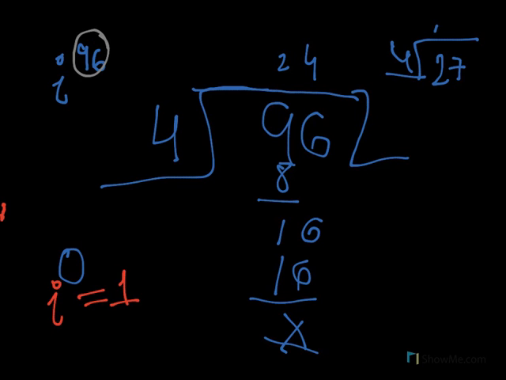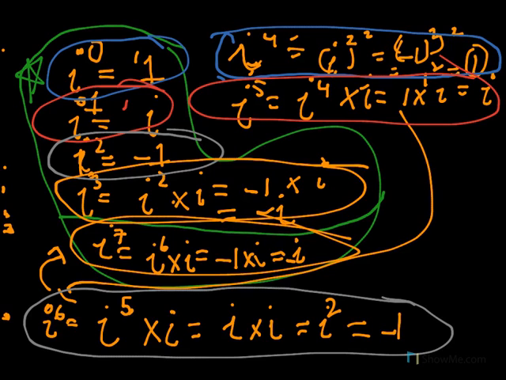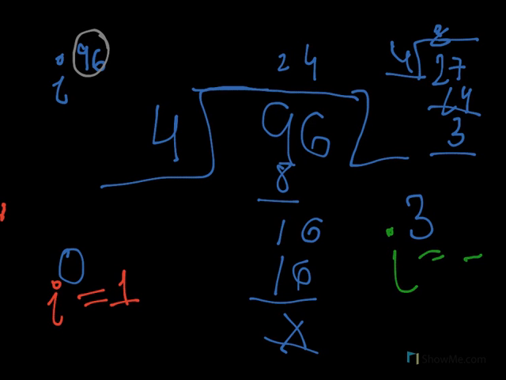We get 6, 6 times 4 is 24, the remainder is 3. So now we got a remainder of 3. So we make this 3 the power of i, and what is i to the 3rd? It is minus i. So the answer is minus i.